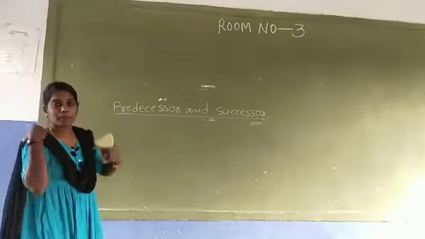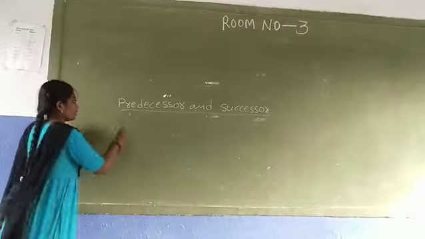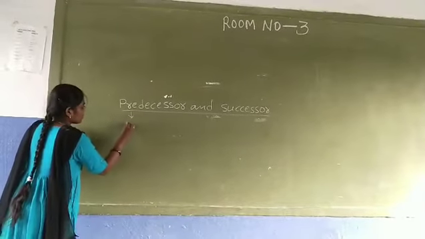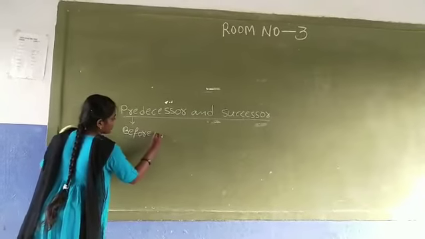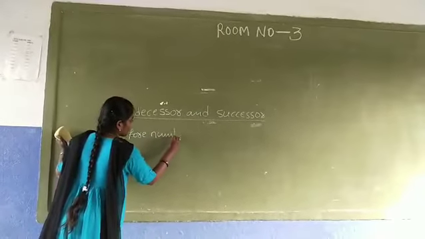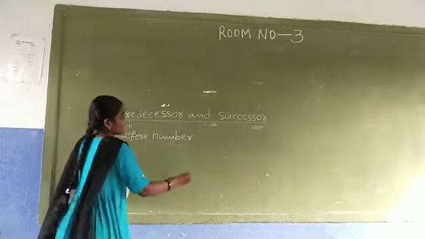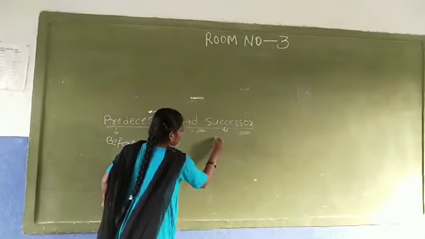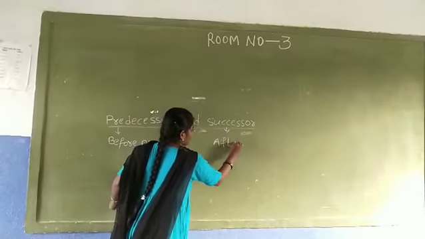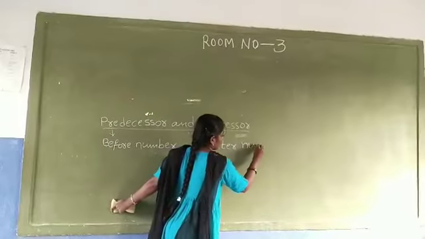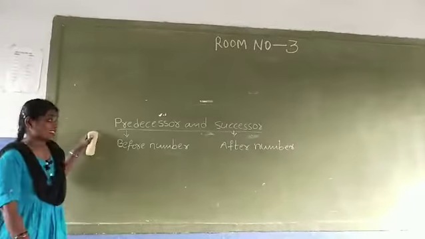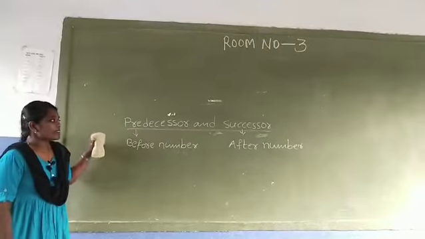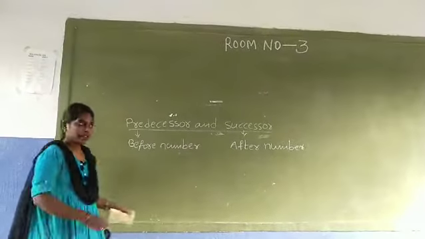What does it mean? Predecessor means the number before. Successor means the number after. Predecessor means before number. Successor means after number.